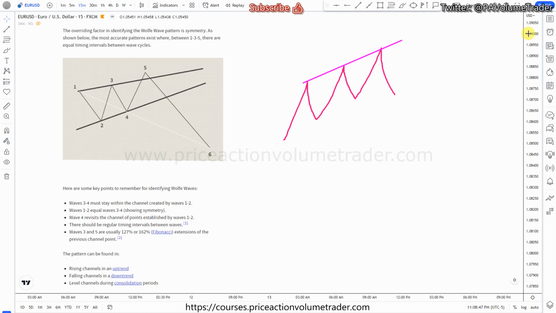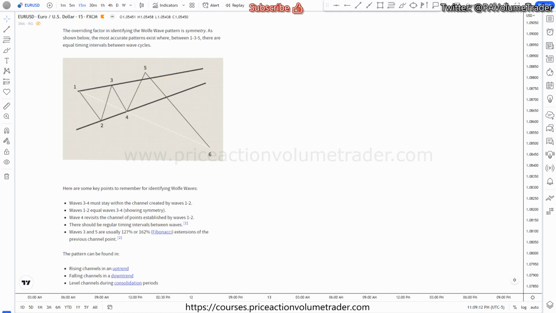So this is one of my favorite reversal patterns, both to the upside and to the downside. And if you notice with the Wolfe wave, it's very related to a triple drive because we're making three drives, but we're also sort of compressing into an apex point.